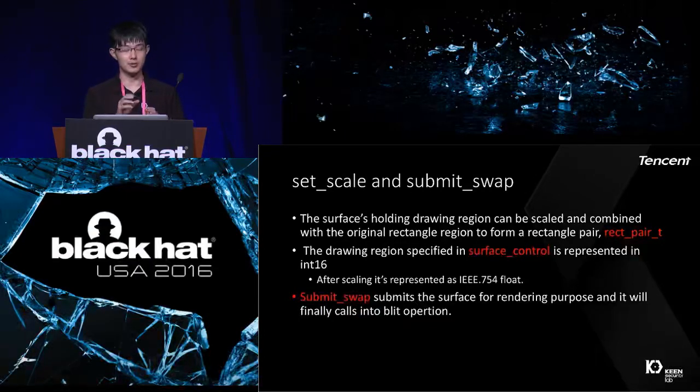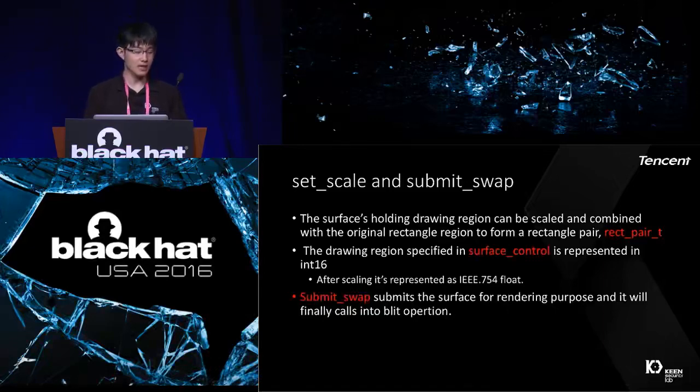For example, if you would like the window to be twice as big as the original size, or half the size, you can call the set scale function to specify a scale factor. The surface's rectangle region can be scaled together with the original rectangle region to form a rectangle pair, which in the IO surface is contained in a structure named rectangle pair T.